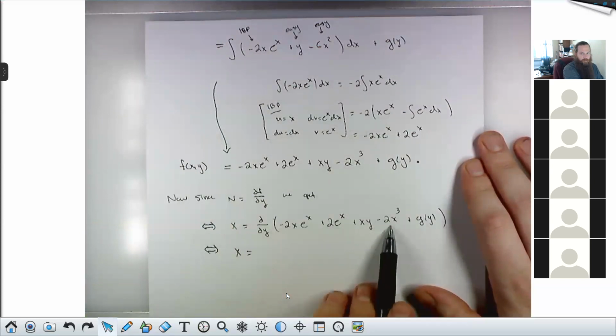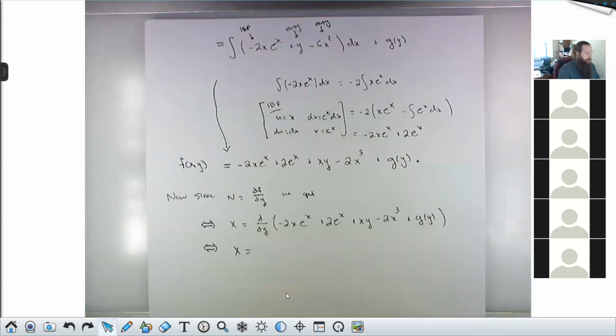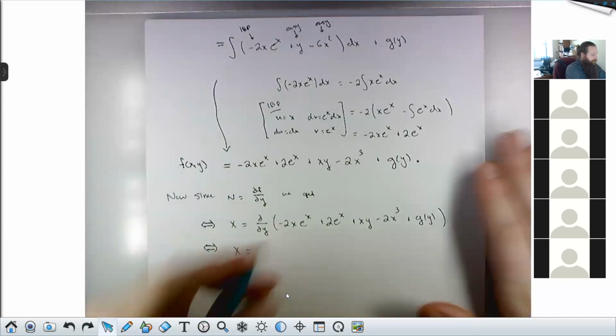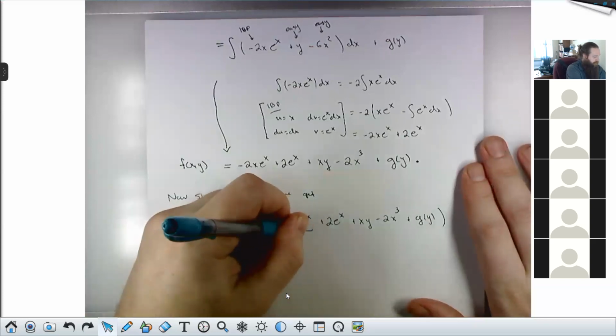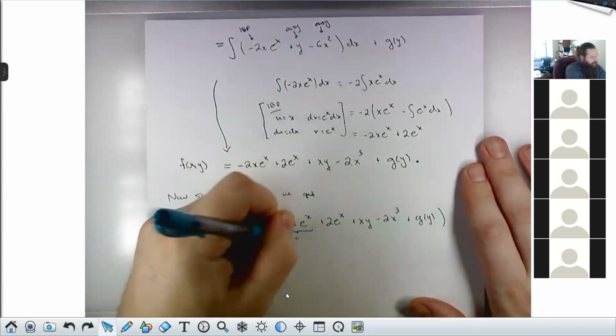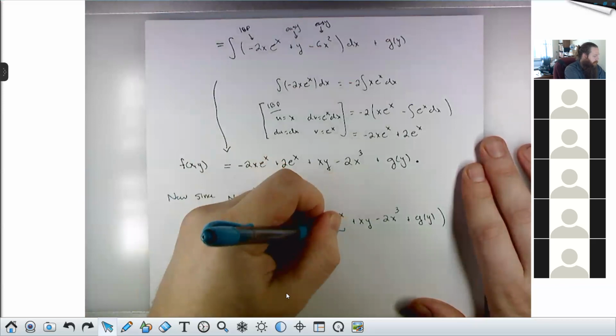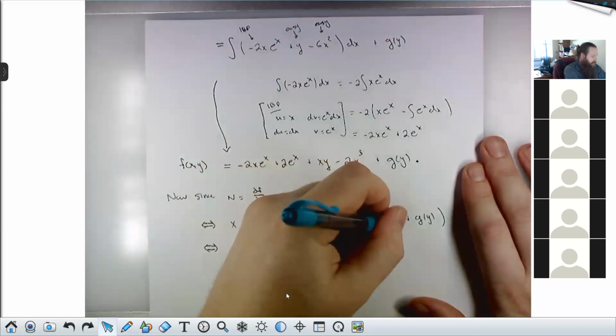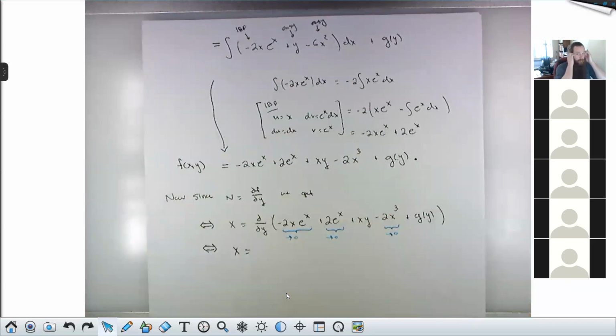If I differentiate this term with respect to y, all of these become 0. Use a little arrow here to indicate goes to 0, goes to 0, goes to 0, right, when we take the derivative. So the non-zero terms from this are coming from here and here. And the only one we have calculation to do is here.